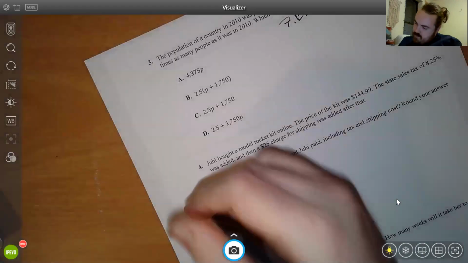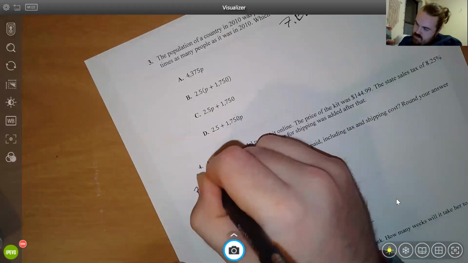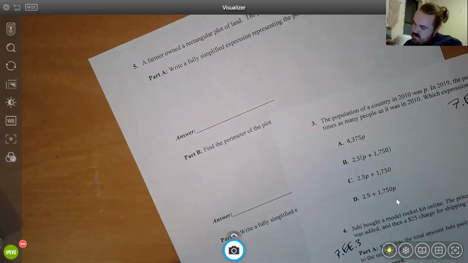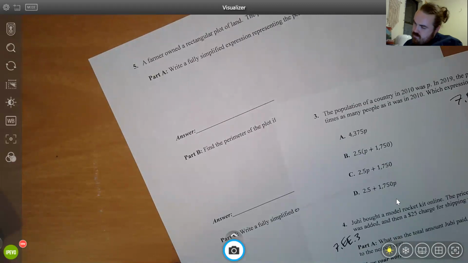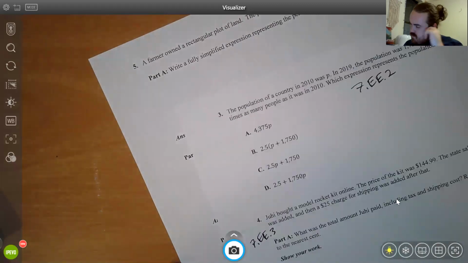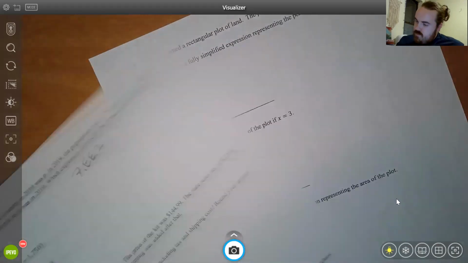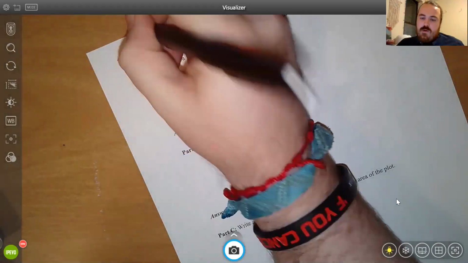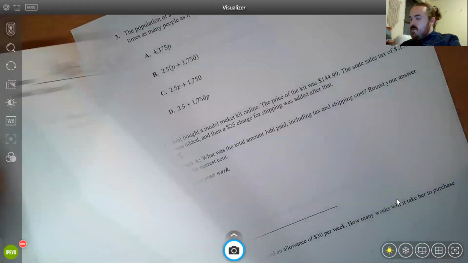This is 7.EE.3. I think the last one is 7.EE.3 as well. All right, it's not too important though. Let's not worry about it too much.